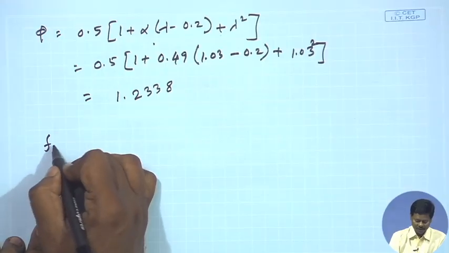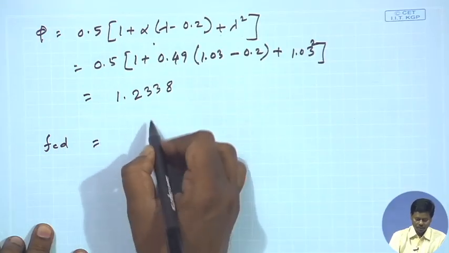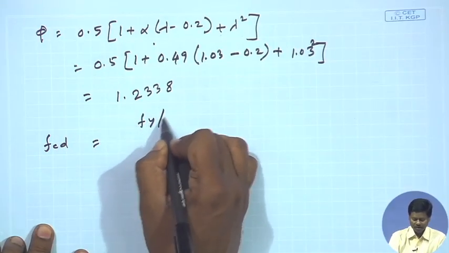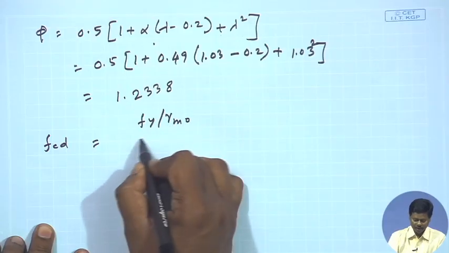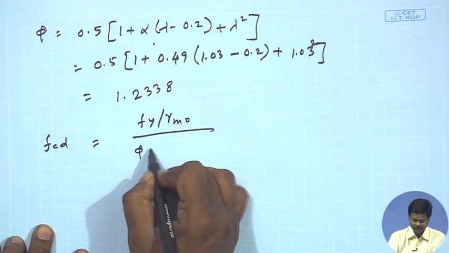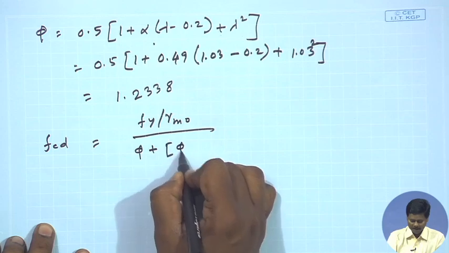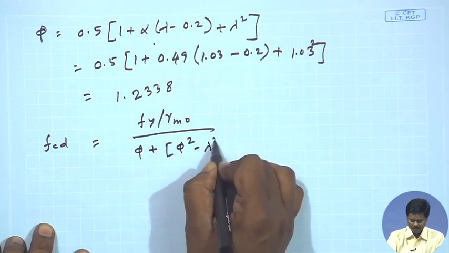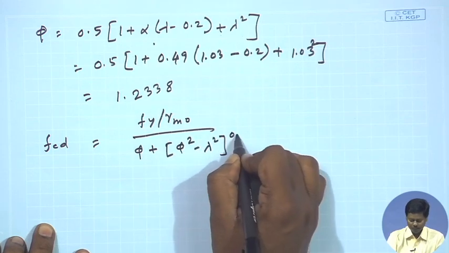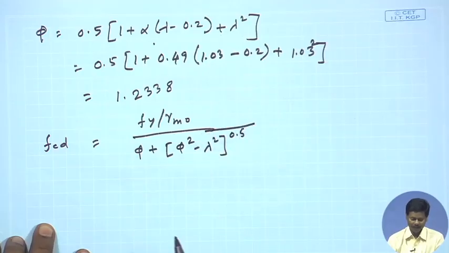So, FCD value can be found from this formula, Fy by gamma m0 by phi plus square root of phi square minus lambda square, whole to the power 0.5, right.